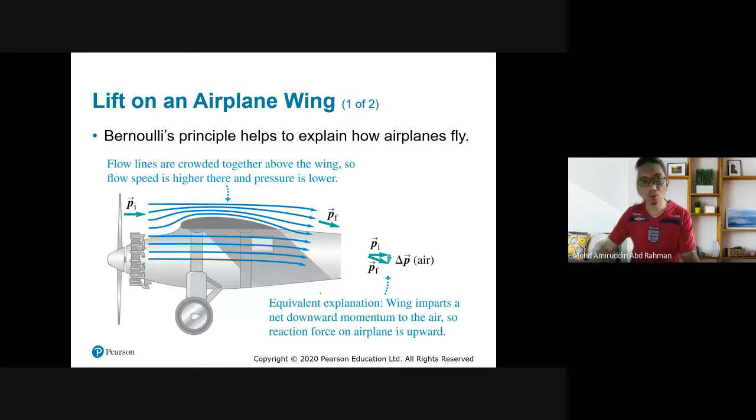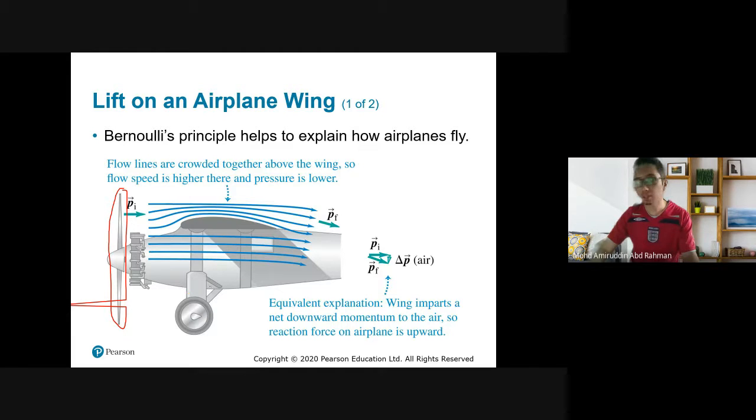Okay, so we look at the principle of the airplane as well. Let's say we have a small plane like a Bombardier plane, right? So we have a fan in front here.